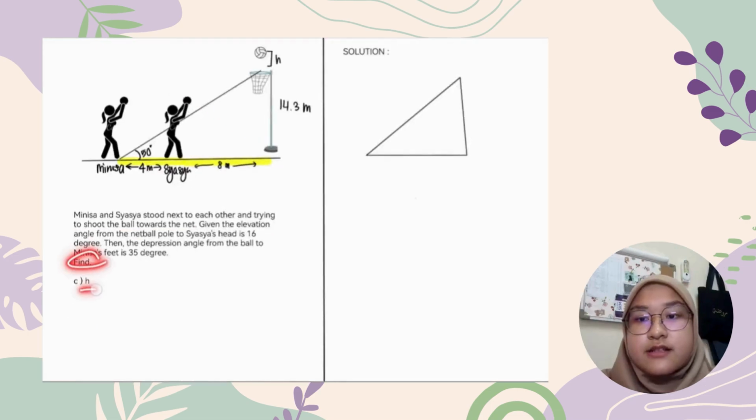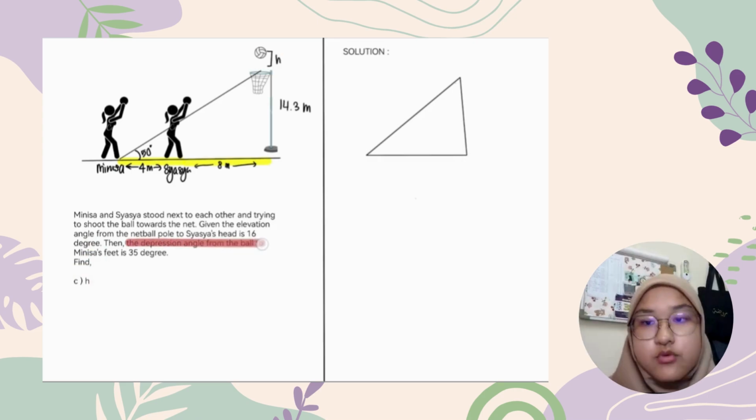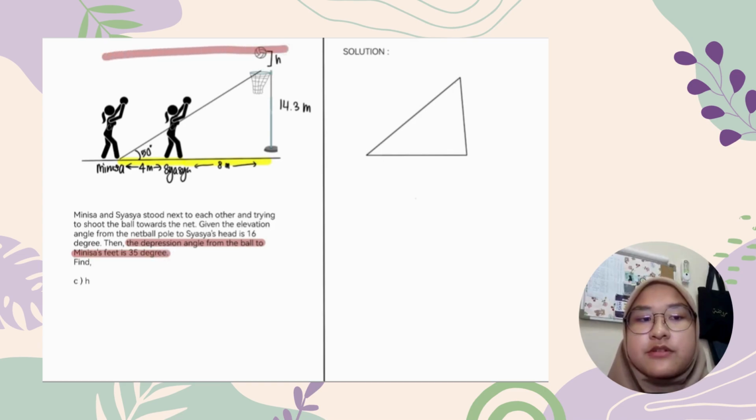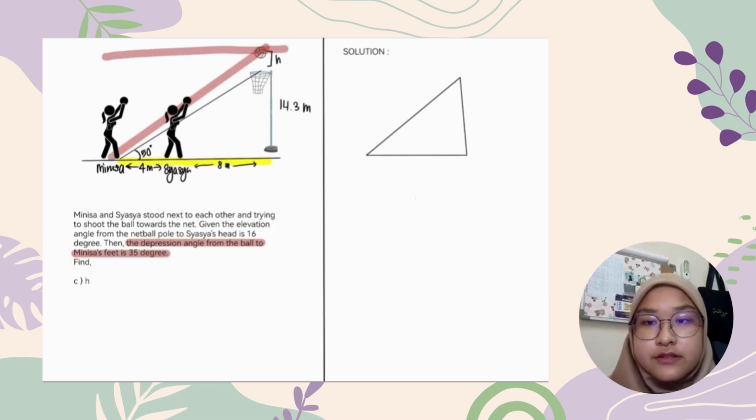For question C, we are going to find h. H is equal to the distance between the ball and the pole. So I'm going to highlight the information. The depression angle from the ball to Minisa's feet is 35 degrees.